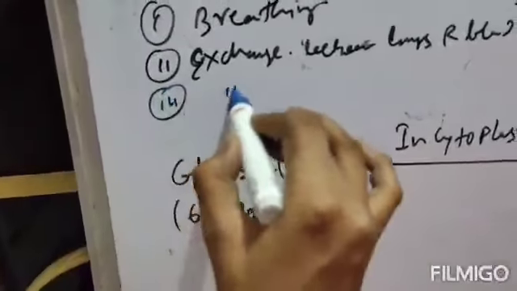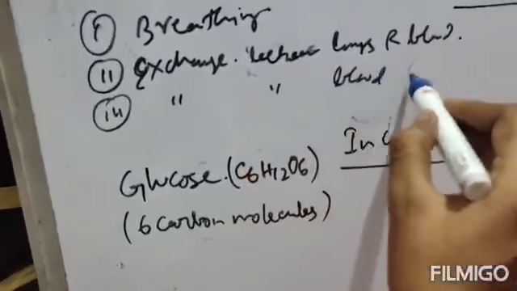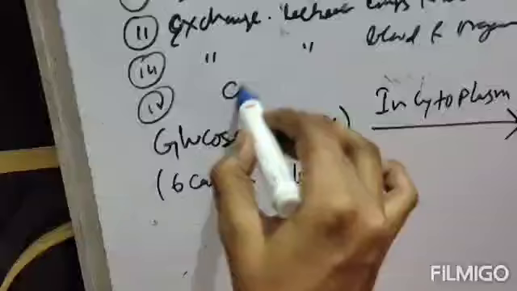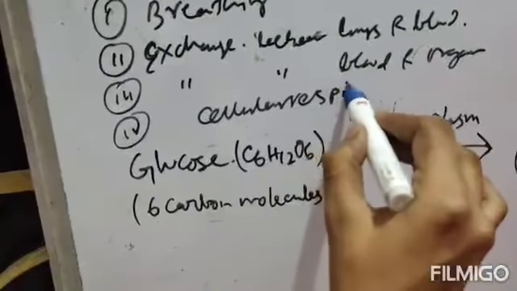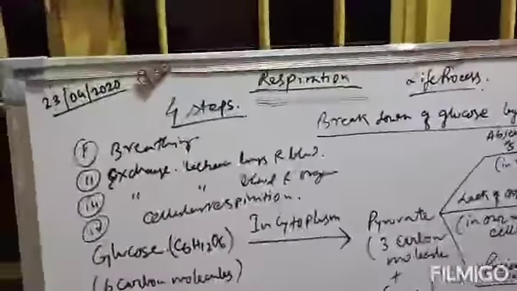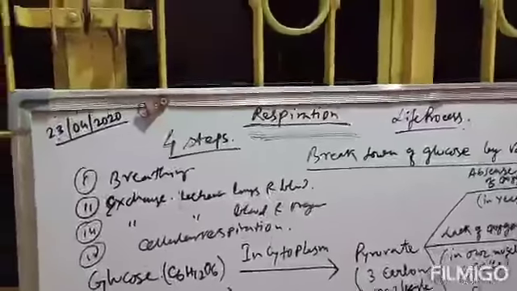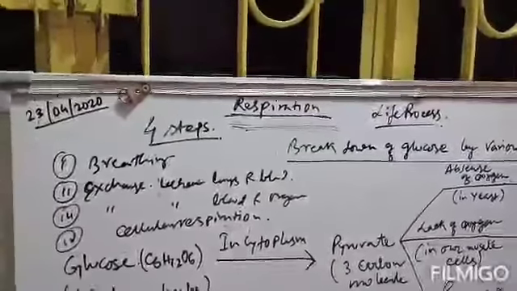Number 3 step was exchange between blood and organs, and number 4 step was cellular respiration. So there are total 4 steps of respiration.